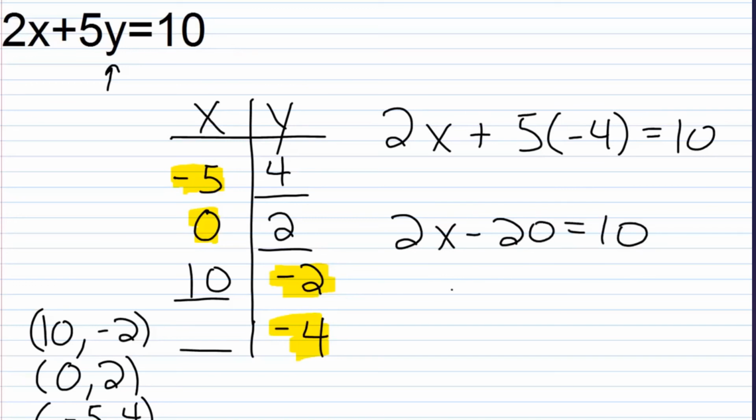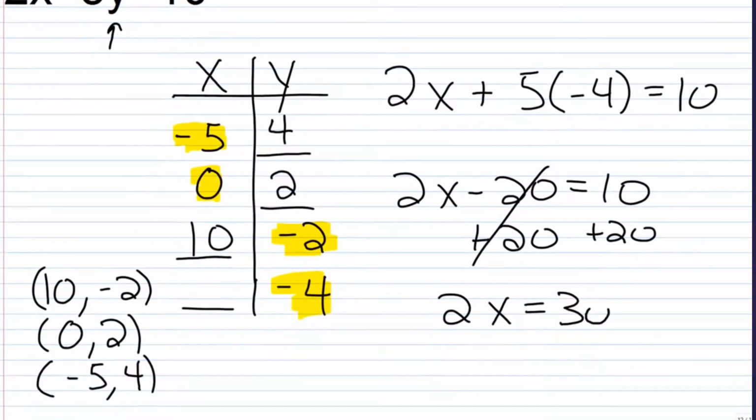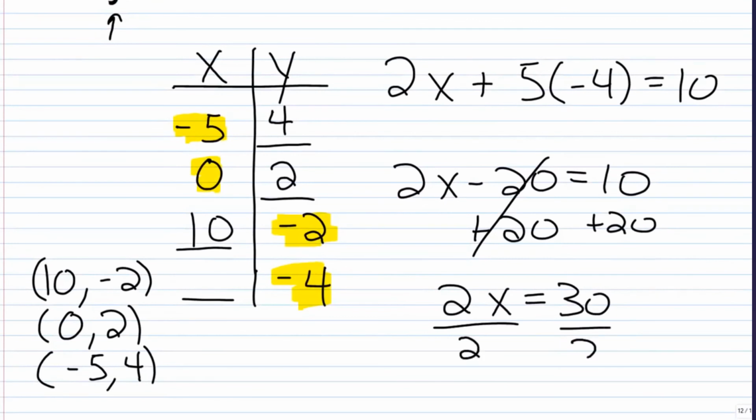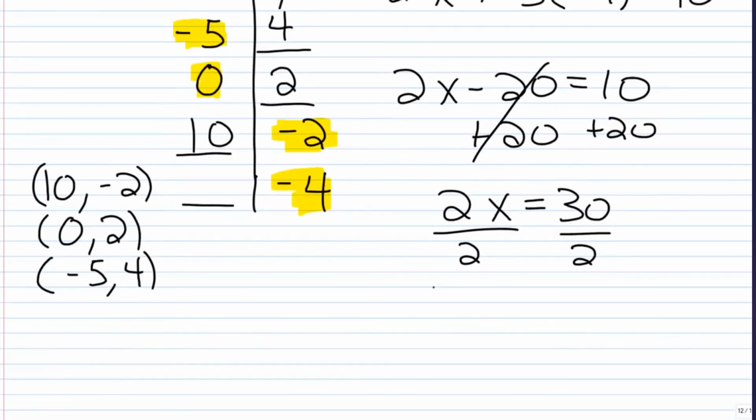And then we just solve this for x. So add 20 to both sides of the equation. And you're going to have 2x equals 30. Divide both sides of the equation by 2. And we're going to end up with x equals 15. Okay, so we'll put a 15. So then my last ordered pair would be 15, -4.